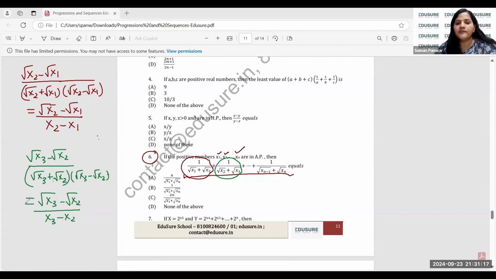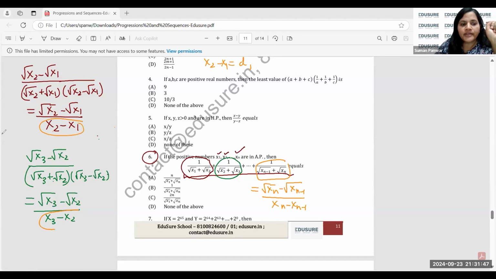Similarly, if you look at the last term, this should be equal to root xn minus root xn minus 1, and in the denominator, we'll have xn minus xn minus 1. Now look at all the denominators. This denominator, second term minus first term, x2 minus x1, should be equal to d.